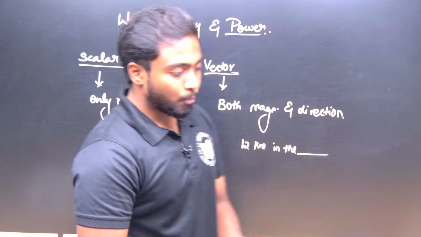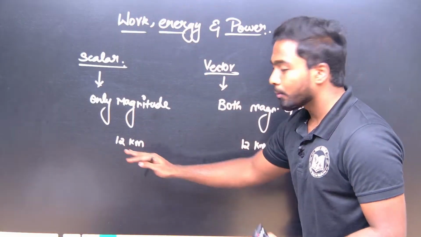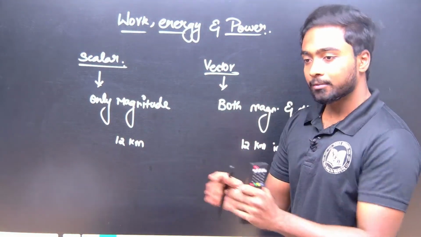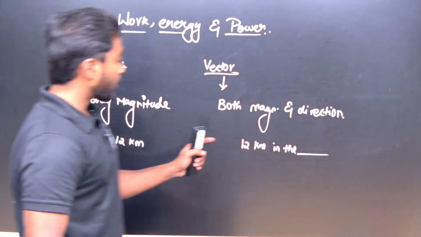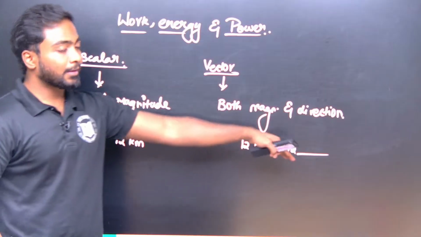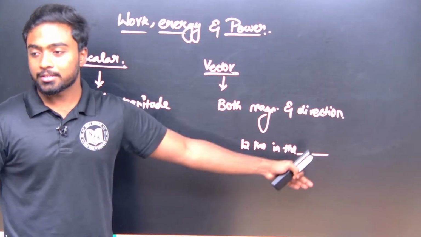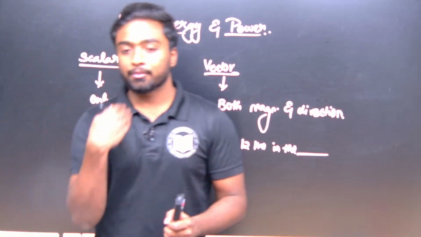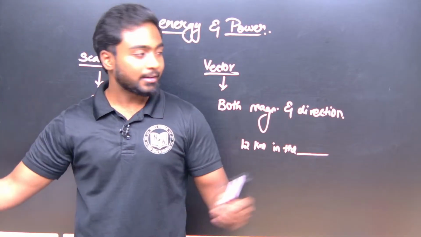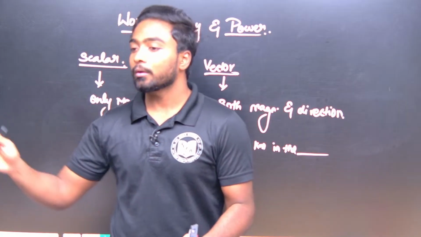Now when we talk about 12 kilometer, we are particularly talking about the number, the distance. Now when we are talking about 12 kilometer either in north, west, east, south, whatever it is, we are talking particularly about the direction, either front, back, right side or left side.